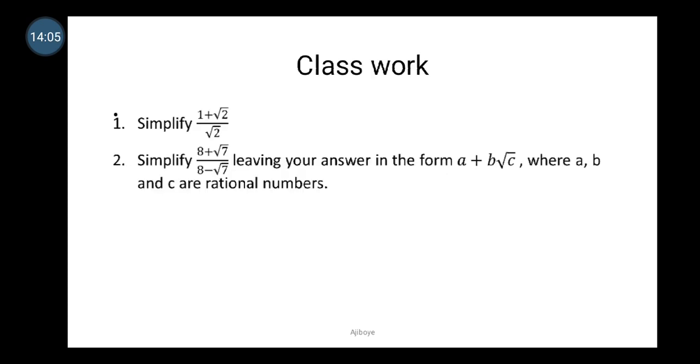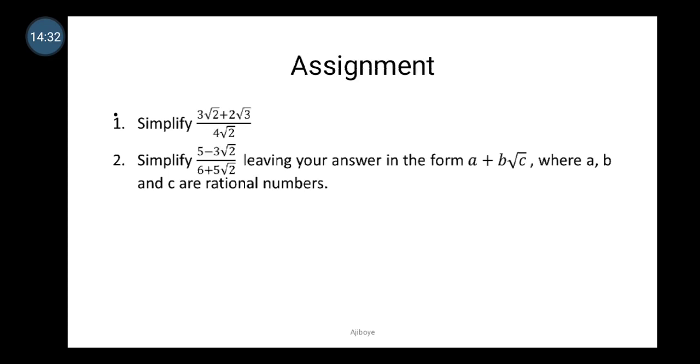I want you to attend this classwork and forward your attempt to my WhatsApp number. Don't forget the steps. Look at the example carefully. Consider the example. It is not any different from what I have done. Listen to the explanation carefully again and repeat the same thing, and the classwork will be a piece of cake, I believe.